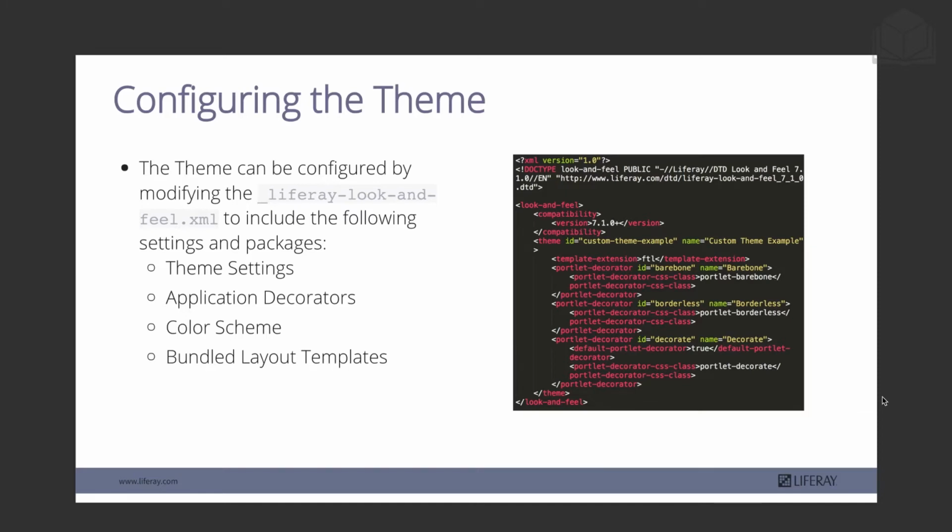You can also add color schemes. Now, we're not gonna look at an example of this in this particular set of videos. But basically, a color scheme would allow you to provide variations of CSS and images within your theme. So developers could, if they wanted to, provide essentially mini themes packaged within the theme, and then the site administrators could go ahead and make those changes.